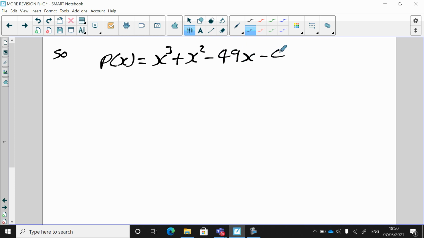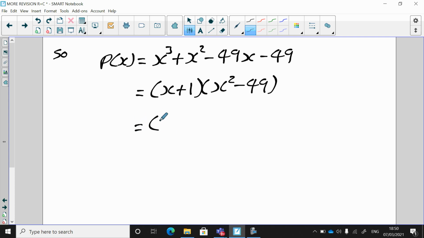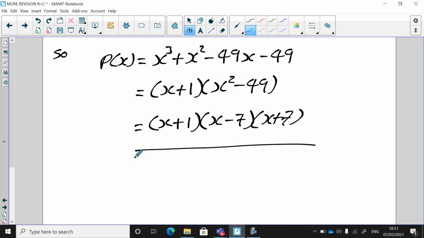Upon division by x plus 1, it threw back at us a quotient of x squared take away 49. And this part of the question is to fully factorise. So x plus 1, that's a linear factor, we were told that. But x squared take away 49, that's the difference of two squares. So x take away 7, x plus 7. So that's sorted. Right, we're nearly home and dry.